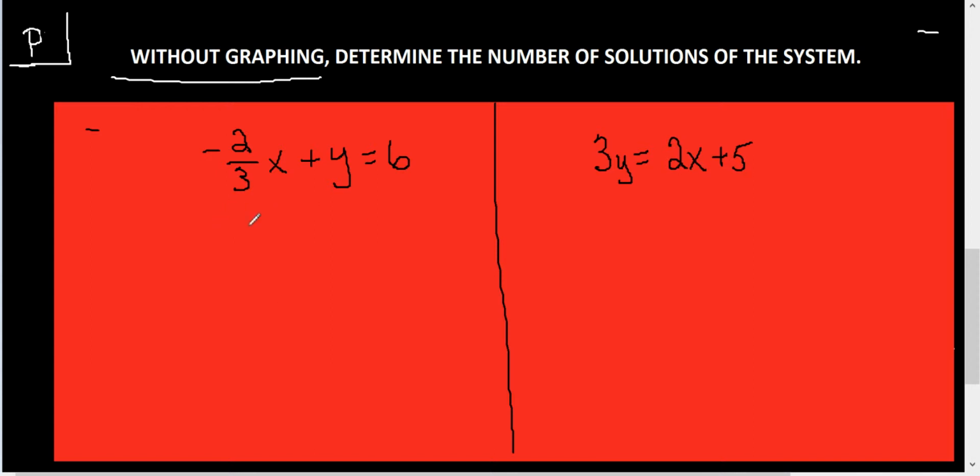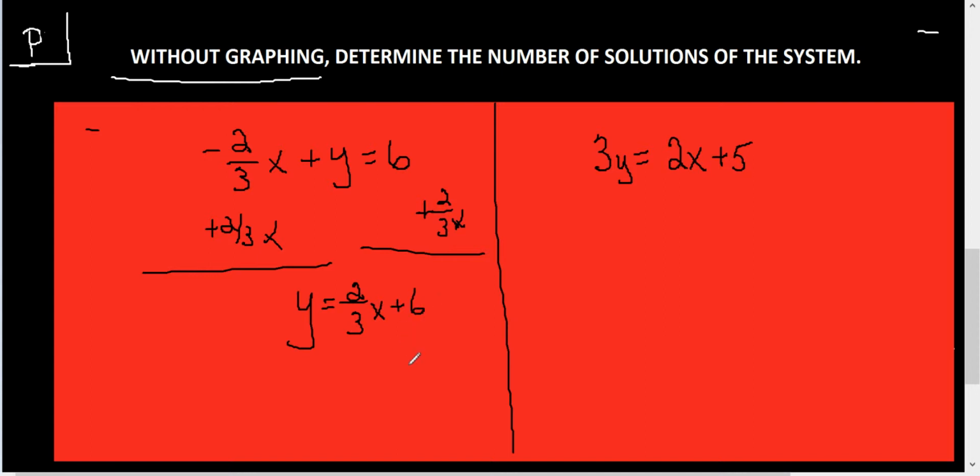I'm going to add 2 over 3x to both sides, and I end up with y equals 2 over 3x plus 6. So my slope here is 2/3. That's really what I'm concentrating on. The one on the right, I'm going to divide everything by 3 to get the y by itself, and y equals 2 over 3x plus 5 over 3.